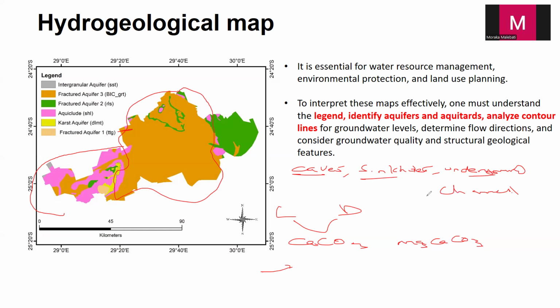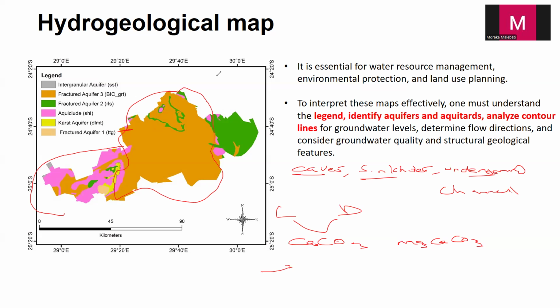Okay. So now, in terms of groundwater occurrence, the caves, sinkholes and whatnot, or the karst aquifers, basically, are very important. They are very important because they are characterized by higher permeability, and not only that, but also rapid groundwater movement.